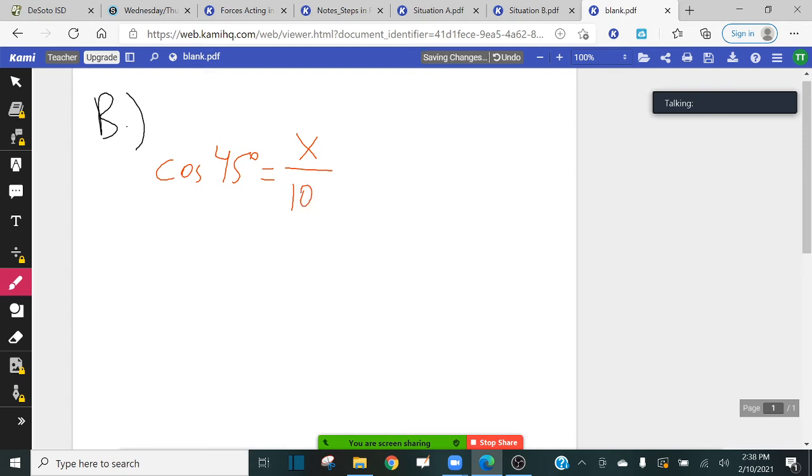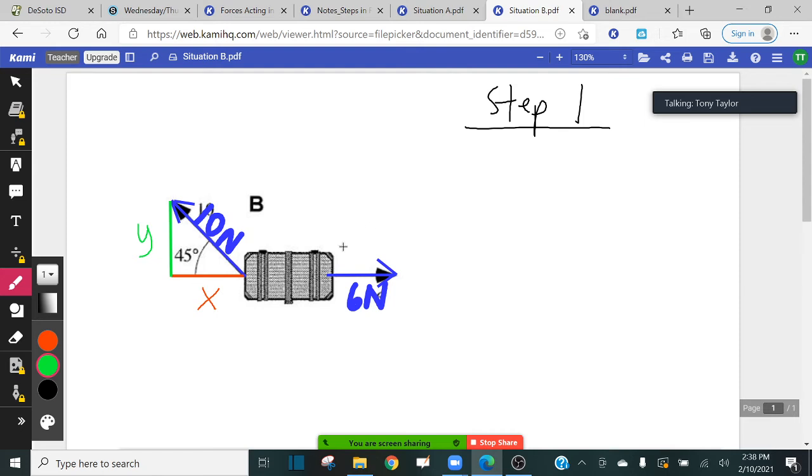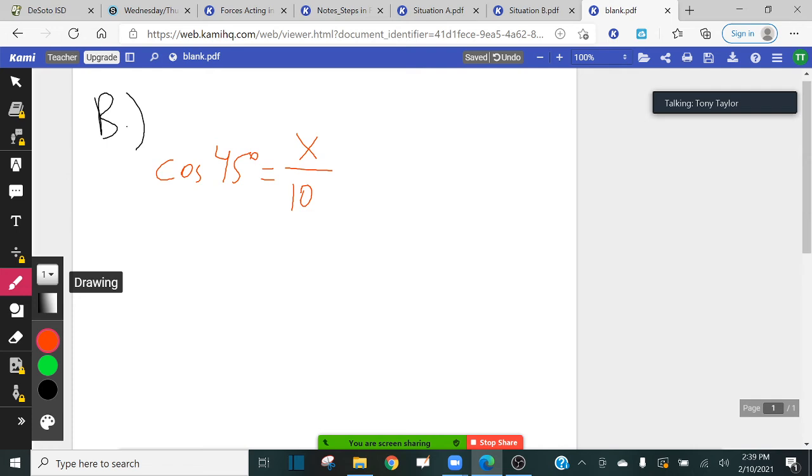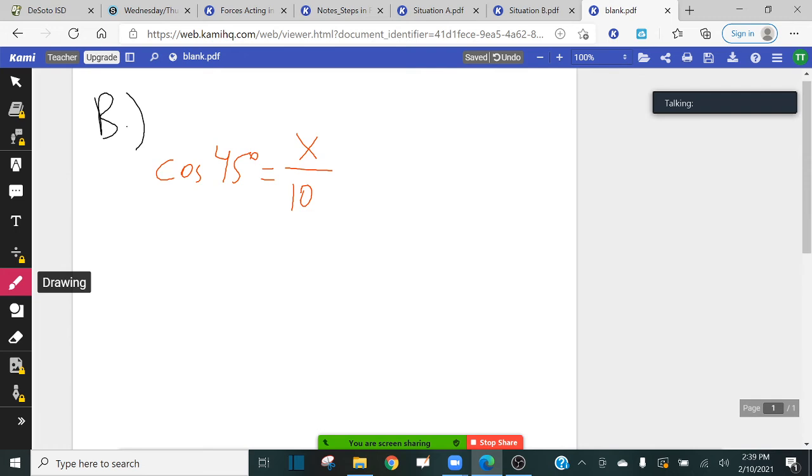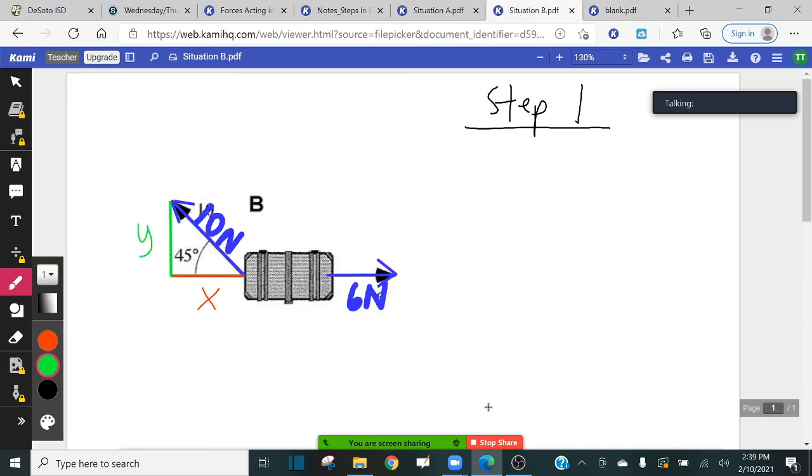If I'm using cosine for x, what do I use for y? Sine, yes, because this is opposite my 45-degree angle. So sine of 45 degrees is equal to my opposite side, which is y, divided by my hypotenuse, which is 10. Y'all follow me so far?